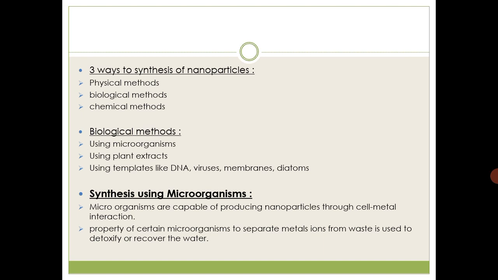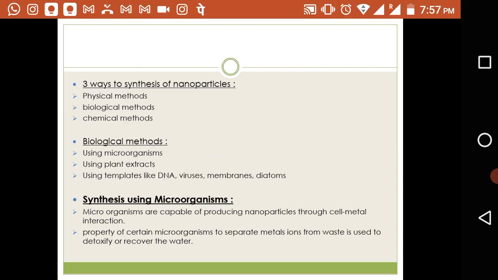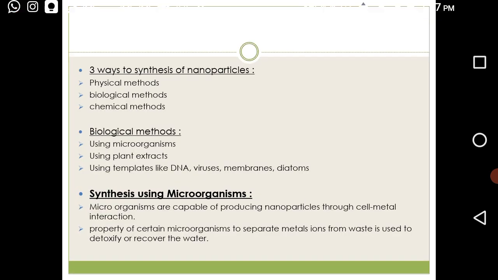Synthesis using microorganisms: as we know, microorganisms have a wide variety of properties and abilities. One such ability microorganisms possess is to produce nanoparticles using cell and metal ion interaction. Using this interaction, they can interact with the metal ions and produce nanoparticles from these metals.